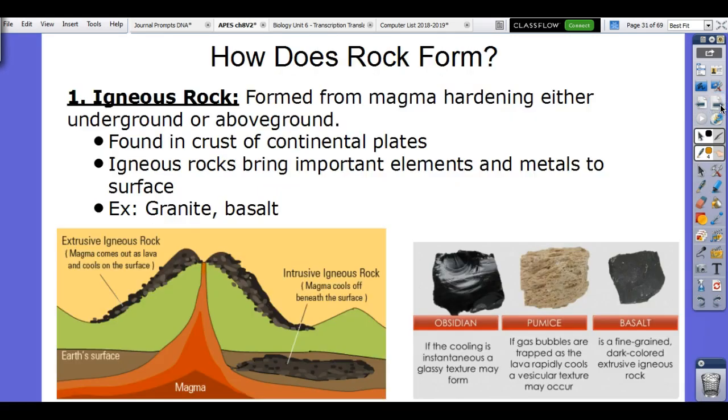So igneous rock, you can think of it as like ignite, right? So igneous rock comes from volcanoes, comes from magma. So formed from magma, either hardening underground or above ground.